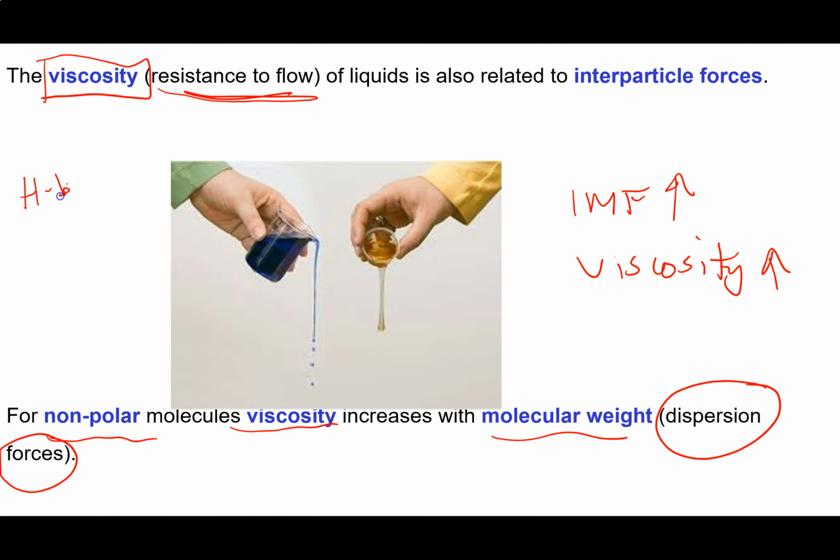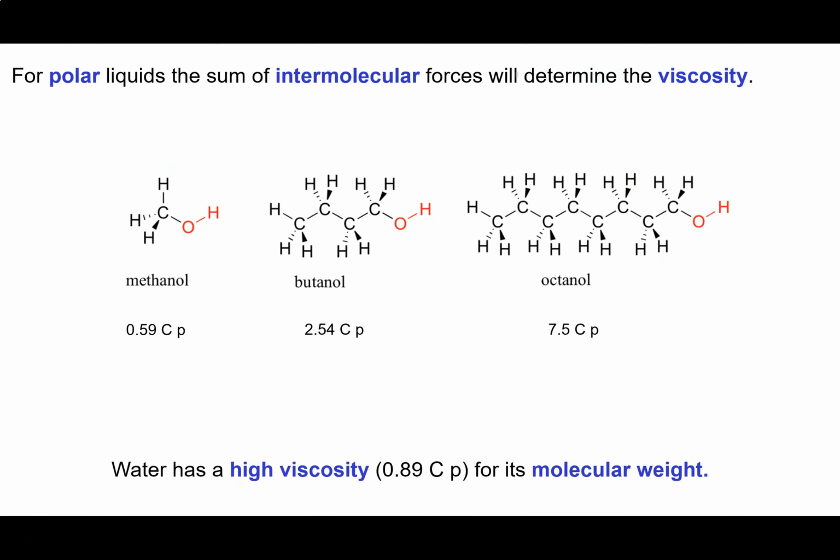So maybe there's hydrogen bonding, and maybe there's dipole if there's not hydrogen bonding. And if there is hydrogen bonding, maybe one molecule has more lone pairs than the other. So it becomes a little bit tricky for polar molecules to rank their relative intermolecular forces. There are some guidelines though.